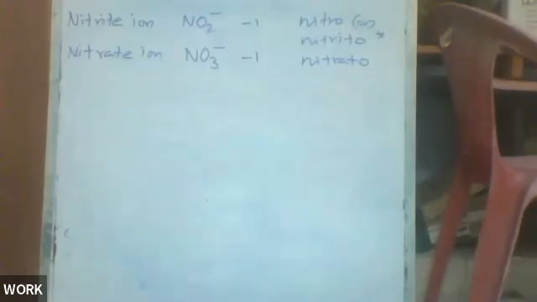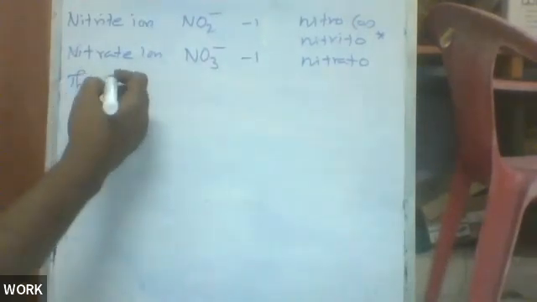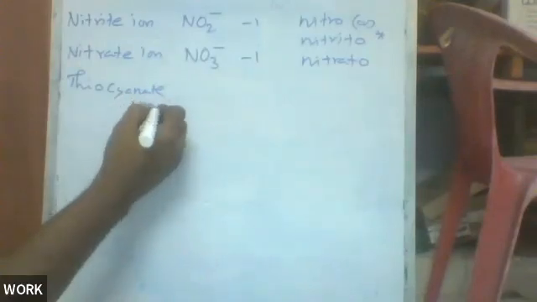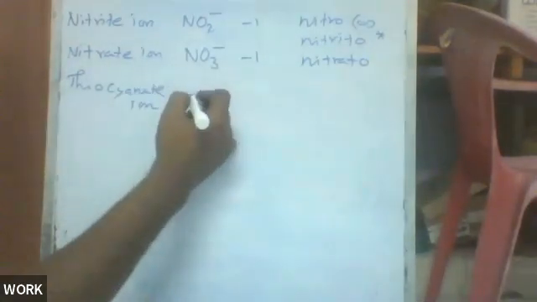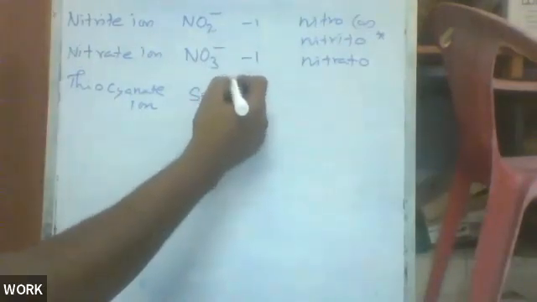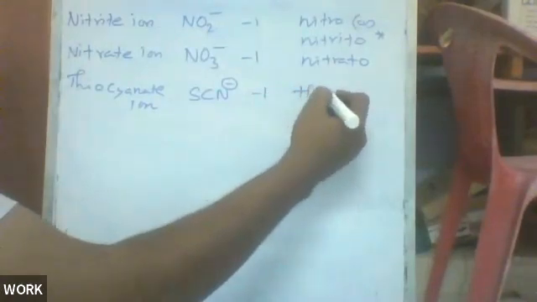And then, thiocyanate, we missed it. Thiocyanate ion. This is also one of the ambidentate nucleophiles, SCN minus, so this is also -1, thiocyanate.